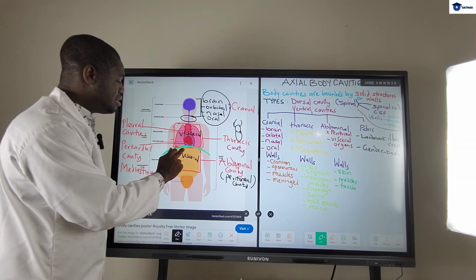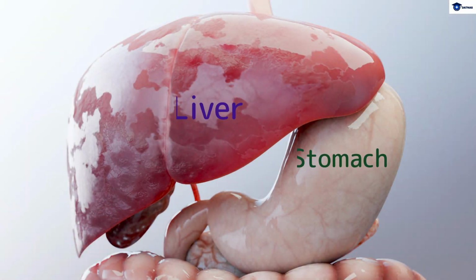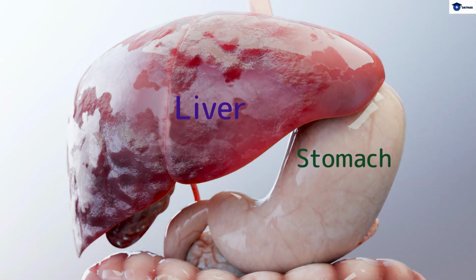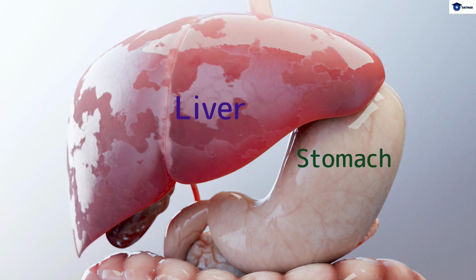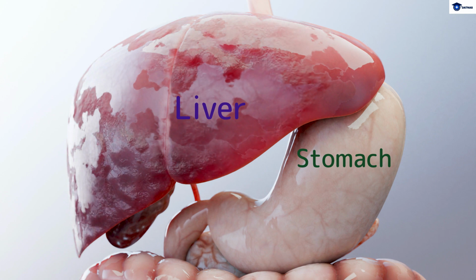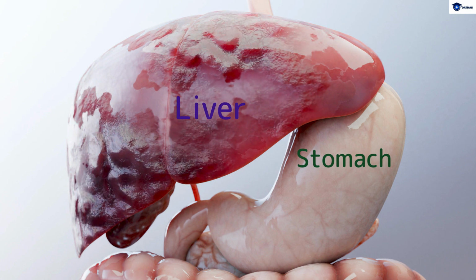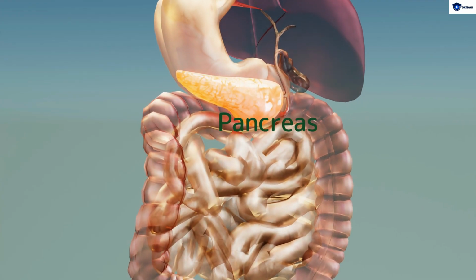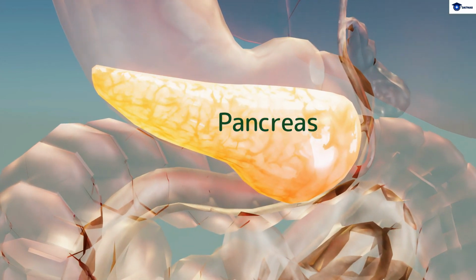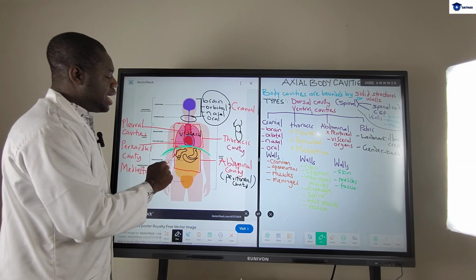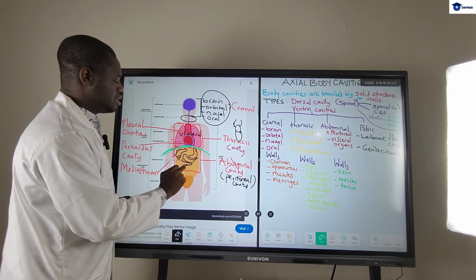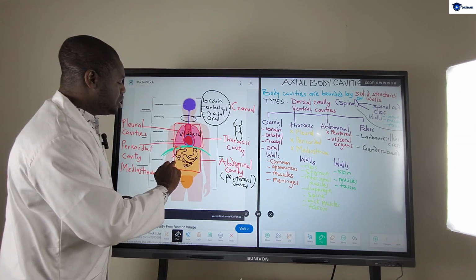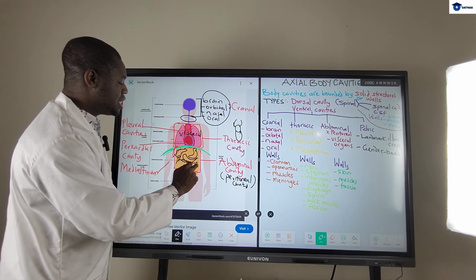We have the liver, we have the stomach, we have the pancreas, we have the gallbladder here, we have the small intestine, and the upper portion of the large intestine.